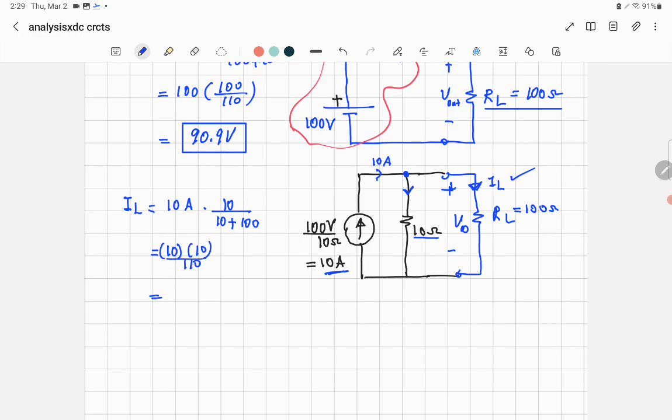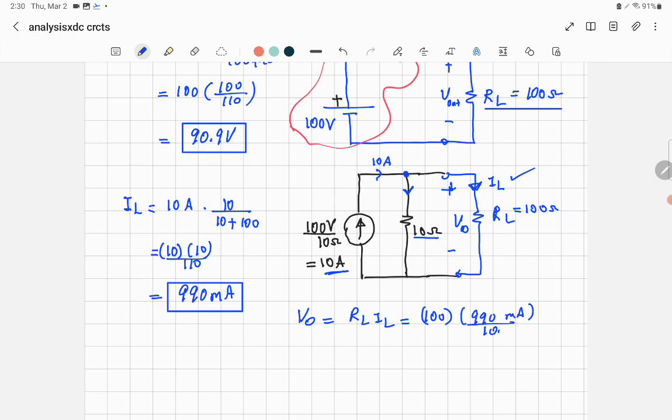You get the current flowing through the load, which is equal to 90.9 milliamp. That's the current, but it was required to find the voltage. Okay, it's easy. If you want to find the voltage across RL, all you're supposed to do is multiply RL by the current IL. RL is 100 ohm, and the current is about 90.9 milliamp.